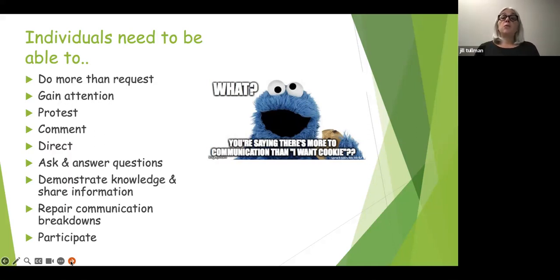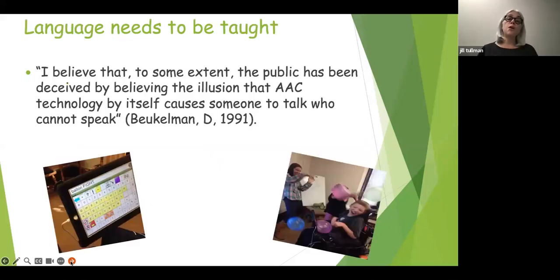So one of the main reasons we all communicate with one another is for social closeness, to feel connected with one another and to feel part of what's going on. David Beukelman, who was another pioneer in the field, and unfortunately he passed away during COVID, this is one of my favorite quotes from him.